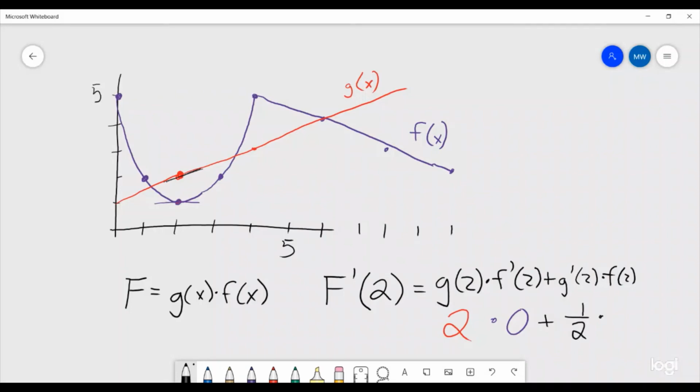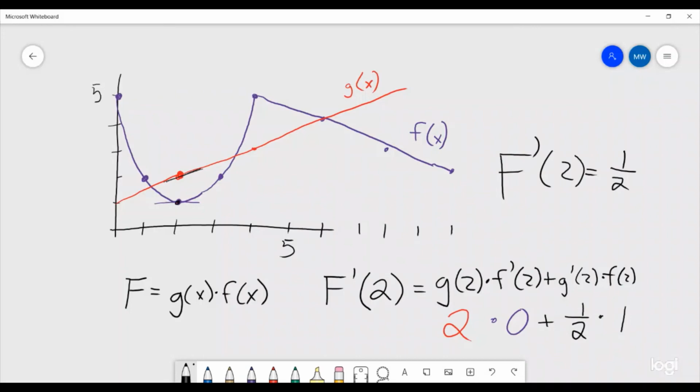And then f of 2, that is the value of the function here, and that is going to be a 1. So that tells us that f prime of 2 is going to be 1/2. And so you can use your graph to figure out those different values.